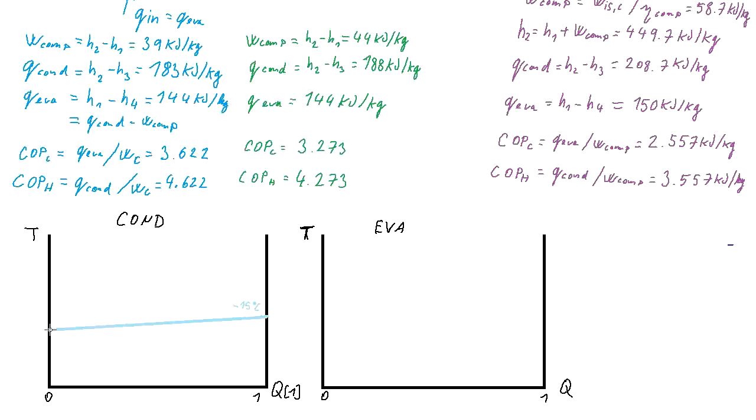The slope depends on what's the mass flow rate of this air. Then our working fluid. Then the working fluid is evaporating at minus 20 degrees C.